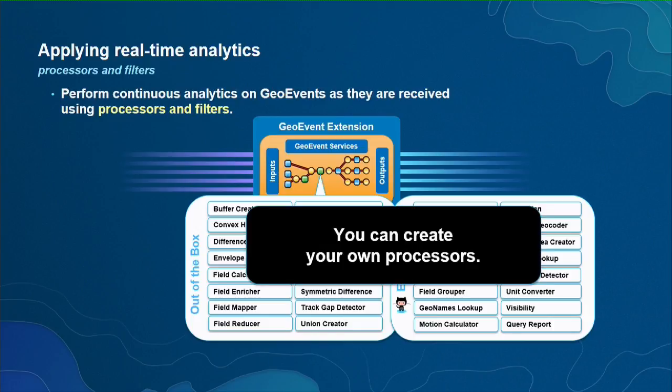And you can do that because the GeoEvent Server includes a Java SDK that you can use to write additional capabilities for GeoEvent Server. And then you might share these additional processors in ArcGIS Online. So if you need a processor and it's not present out of the box, you might search. Maybe somebody's already written one that you could leverage for that.